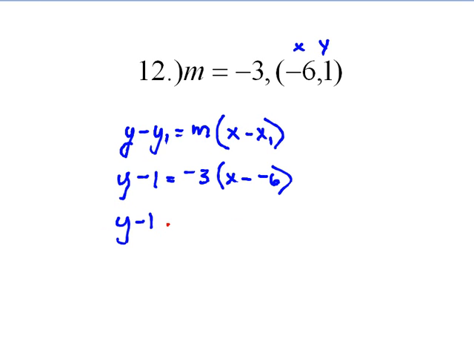Okay, we'll do a little algebra. Let's just write this out first. We'll take it step by step. And then we get y minus 1 equals negative 3x minus 18.